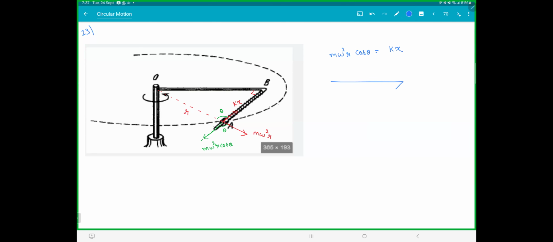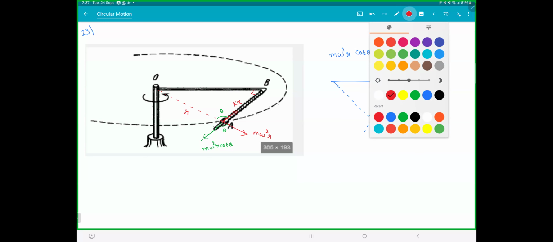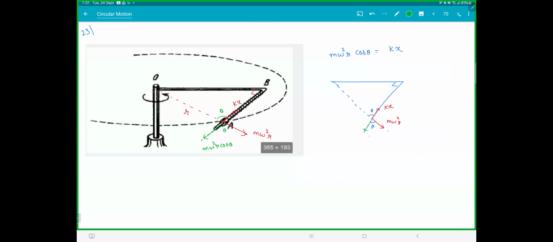Meaning the diagram would have looked like this. This is 90. This is theta, this is theta. This is your centrifugal force m omega square r. This is the spring force kx. This is the component of the centrifugal force, m omega square r cos theta.